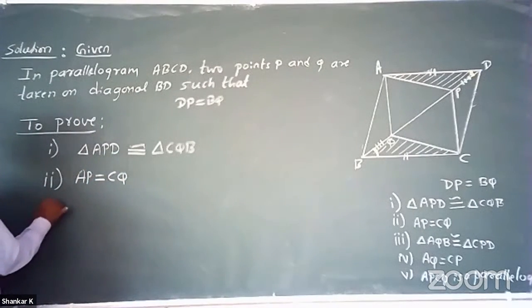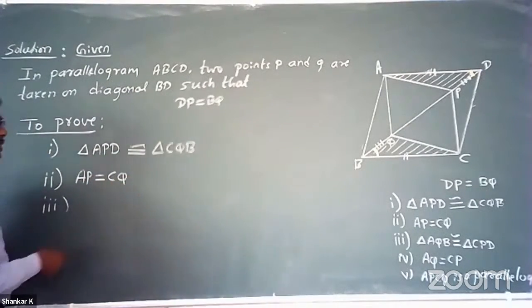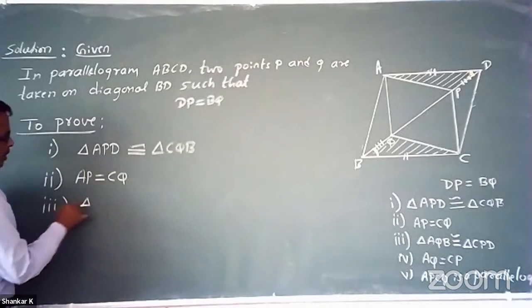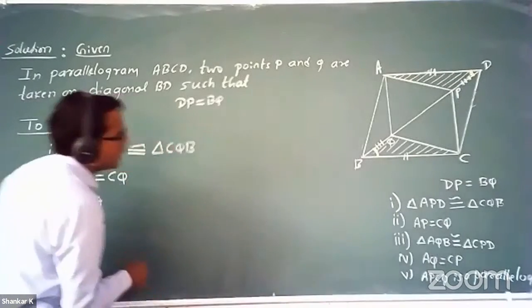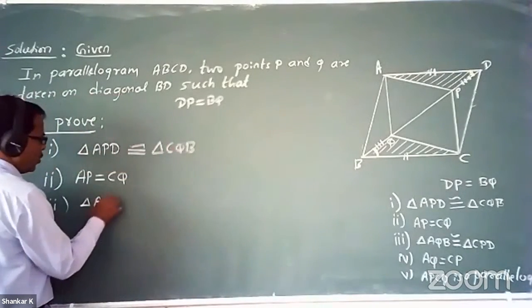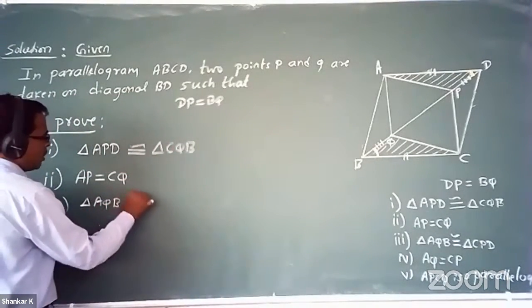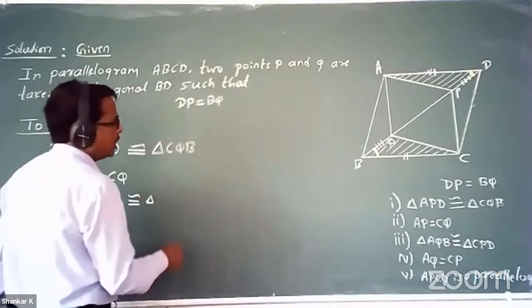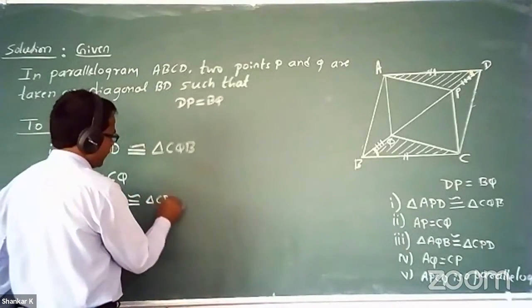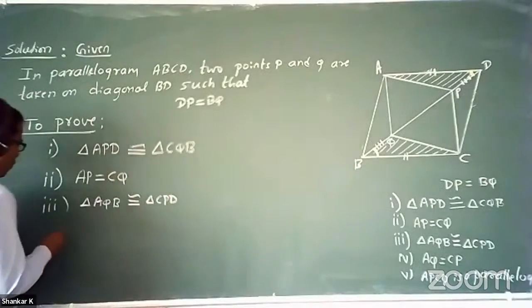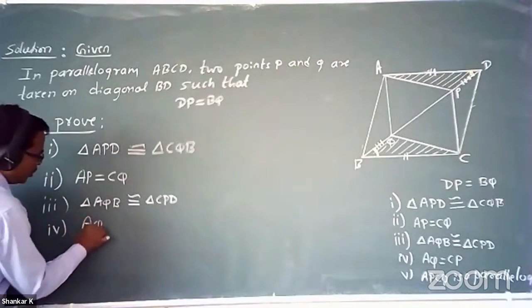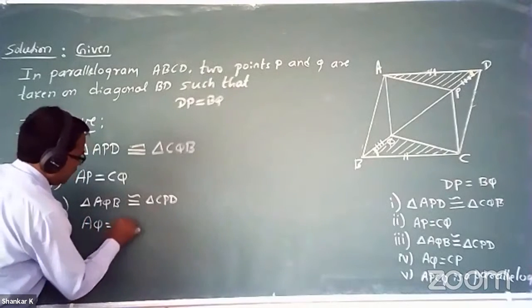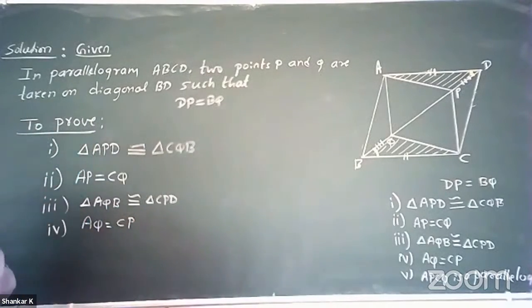Third point, triangle AQB is congruent to triangle CPD. And then fourth, AQ equal to CP, you should show.